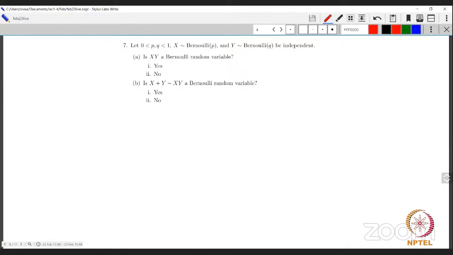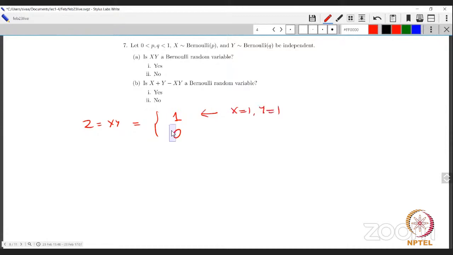See, what is xy? Let's say z is equal to xy. Z can take the value what? If both x and y are 1, it can take the value 1. If any one is 0, it will take the value 0, right? This part is clear, right? So this happens when x is 1 and y is 1.